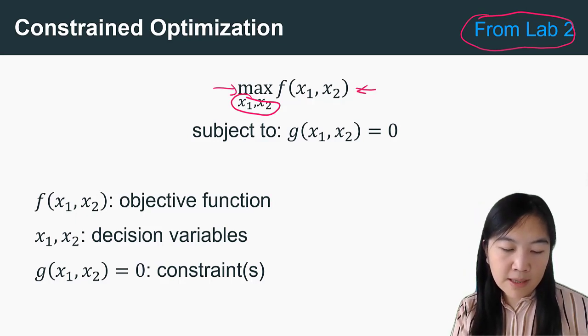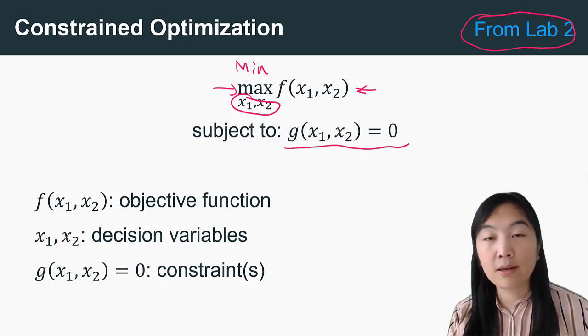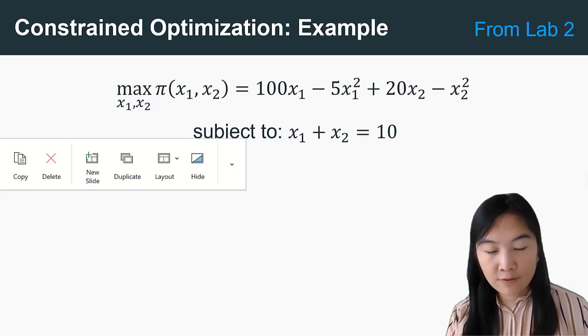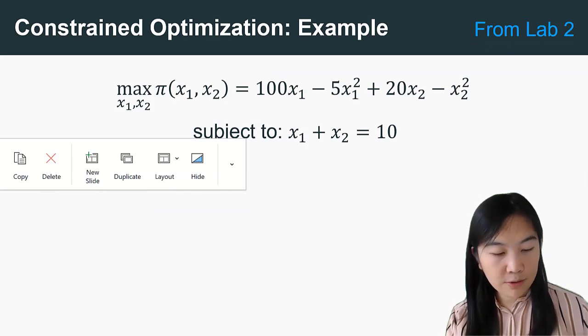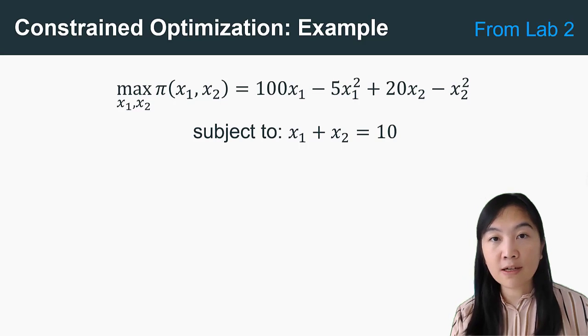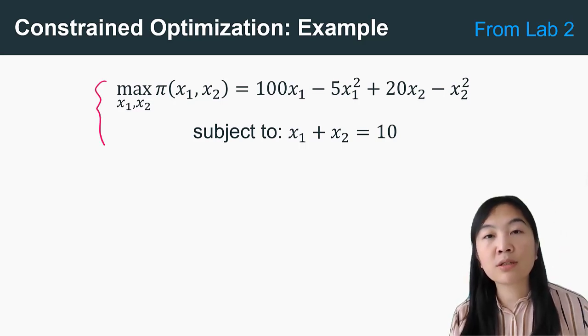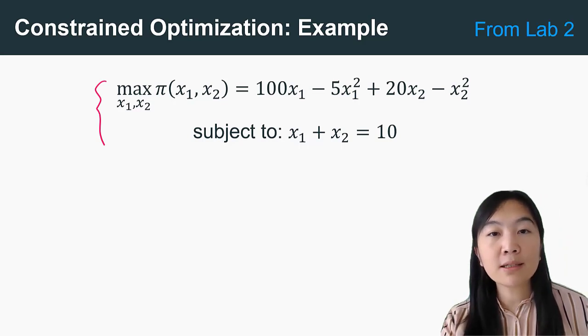We are having a maximization problem. We can also have a minimization problem, and there's a constraint there. And if we use actual production functions, and here is a profit function, then here is what an actual constrained optimization problem looks like.